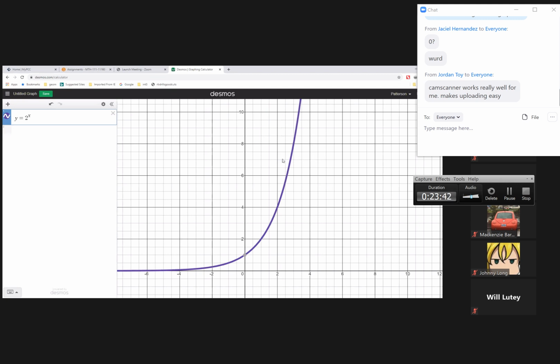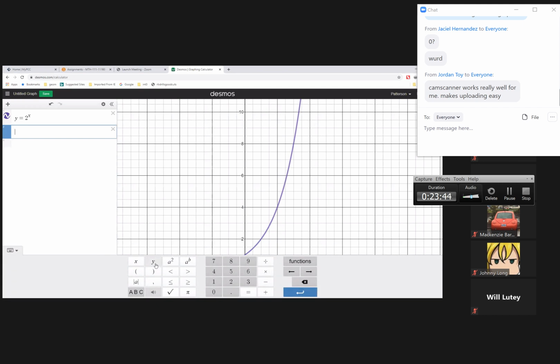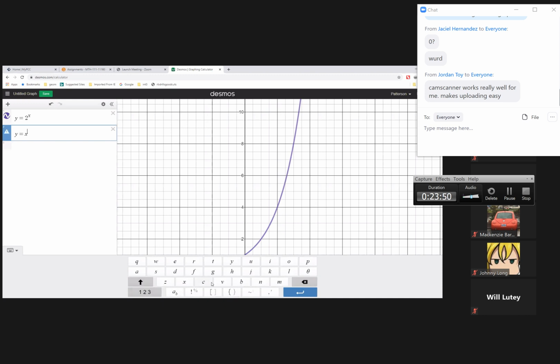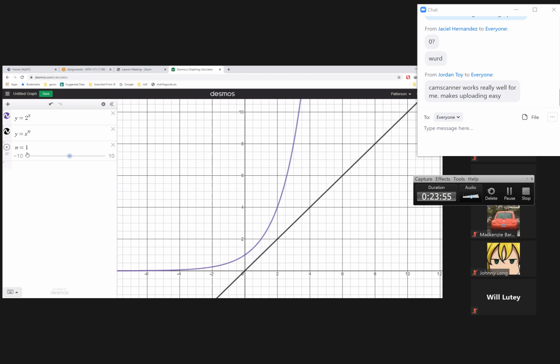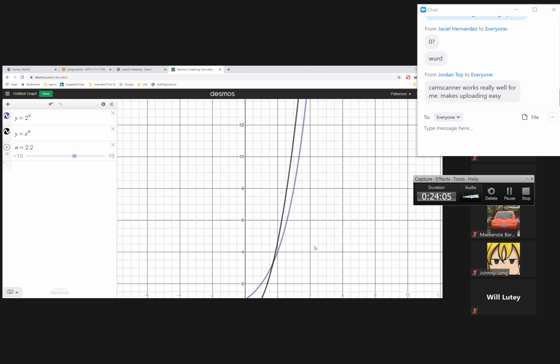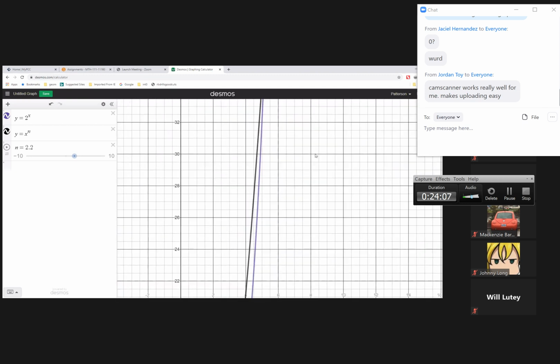So if I was to come down here and put in y equals x to the n, we're pretty close there to where it's growing. We'd have to get here, and even after a while, the exponent's going to catch up to it.